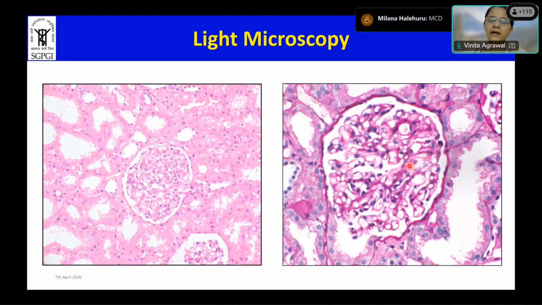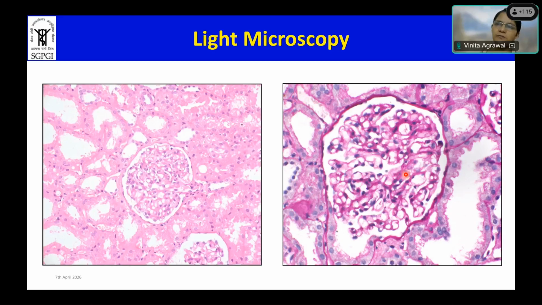Even when you look at a normal glomerulus on a renal biopsy and light microscopy, kindly try to assess the size of the glomerulus. In conditions like focal segmental glomerulosclerosis, FSGS, there is some amount of glomerulomegaly. If the glomerulus is occupying more than 50% of the area of a high power field, that is a 40x, you start thinking that there is glomerulomegaly.